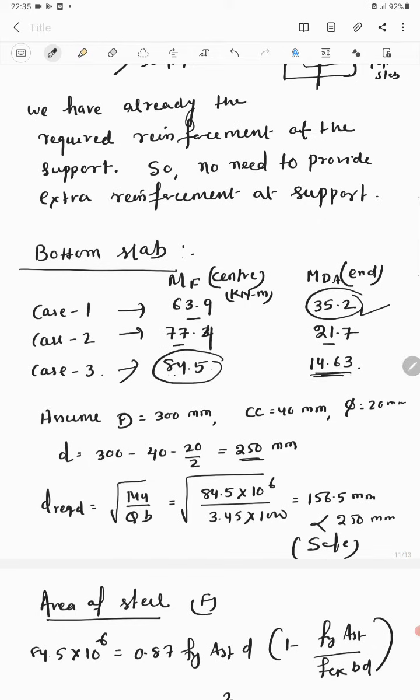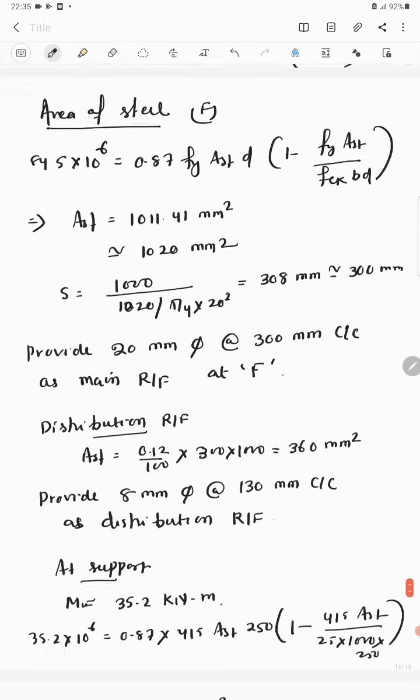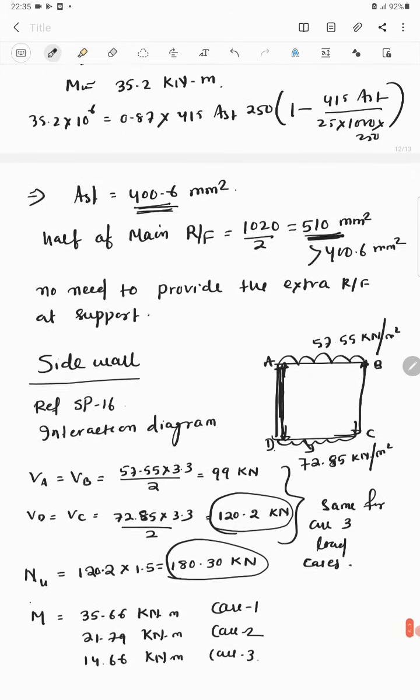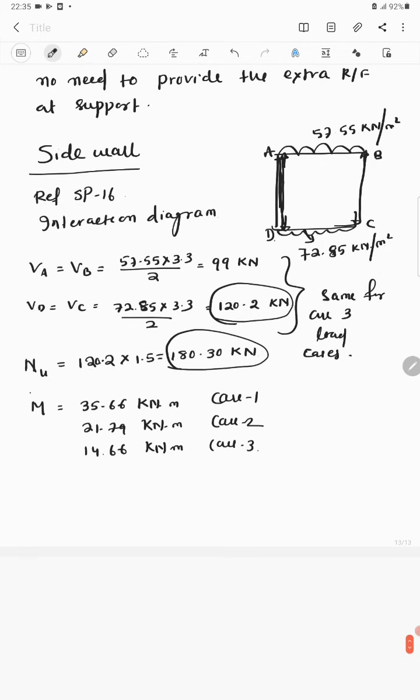See, this is 14.63 for case 3. So out of these 3, you have to take the maximum, because at the bottom we got this maximum reaction force, so moment will be maximum at the bottom.